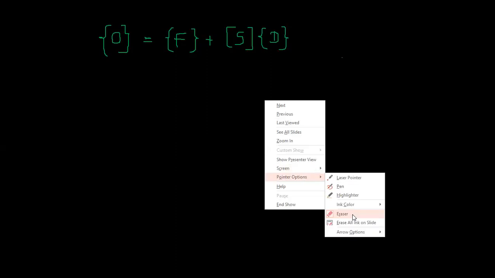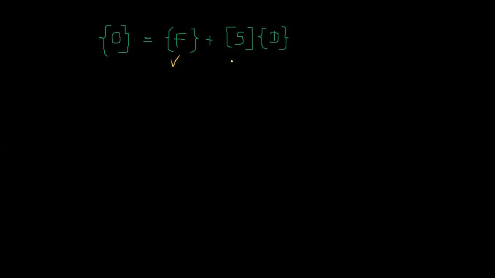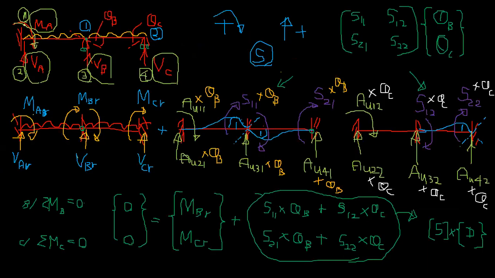So from this, you can determine this, you can determine this, you can determine this, and you have to solve for this. Let's call the actions. So now we only find theta B and theta C, right? In the displacement method, we solve for unknown displacement.